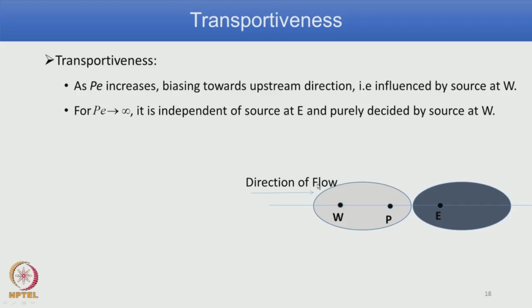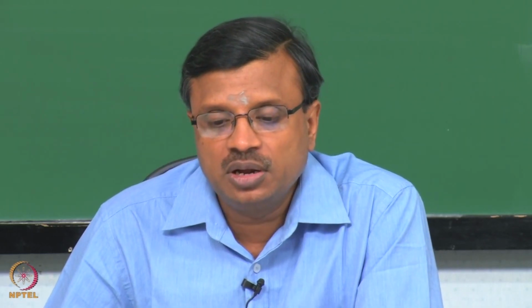So, transportiveness, boundedness and conservativeness are three important properties which any numerical scheme should have. I also mentioned realizability, which we have already talked a bit about. If you are talking about a multi component system, the concentration value cannot go negative; it can have either the lowest value of 0 or the highest value of 100.